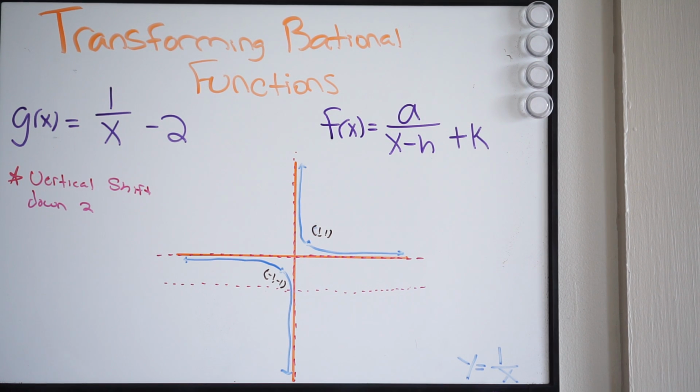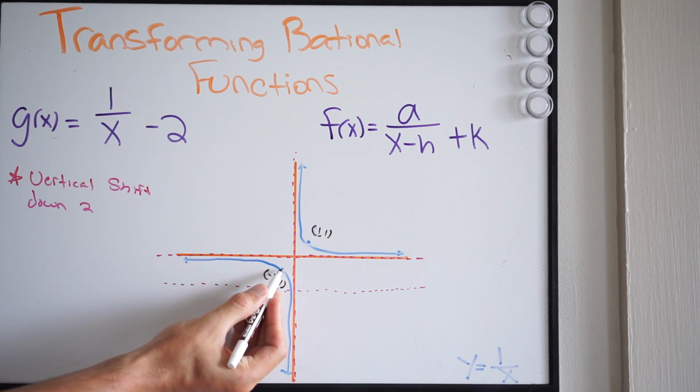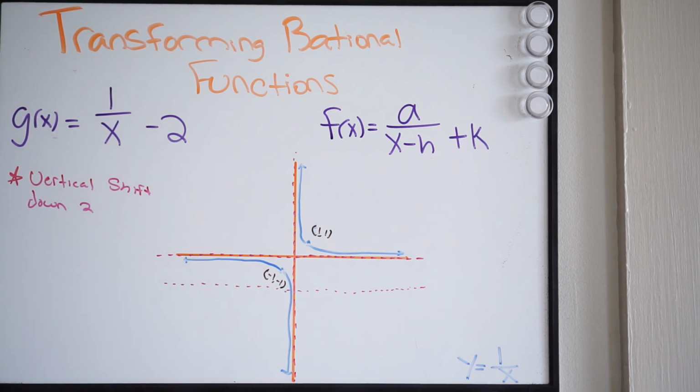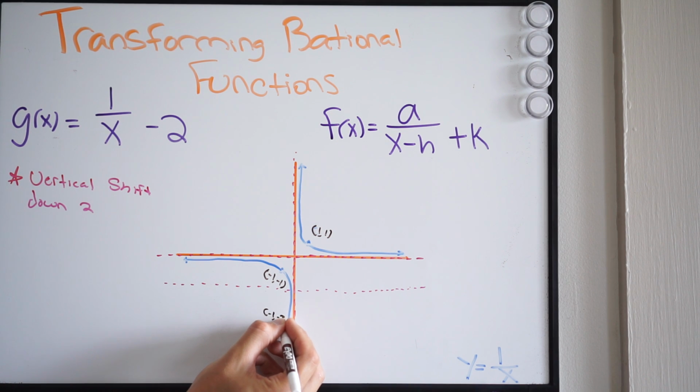And then we can go ahead and graph this function. So we went down 2. Using this same point right here, if we go down 2, this will now be -1, -3. So we'll have here -1, -3, and that will be our new point.